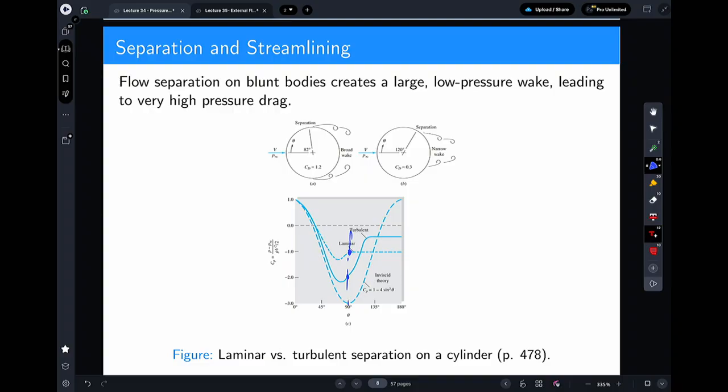But your C sub D depends on where separation occurs. So for laminar flow, it's at 82 degrees. For turbulent flow, it's 120 degrees. And by changing that wake structure, by decreasing the wake width, you also decrease the pressure drag.